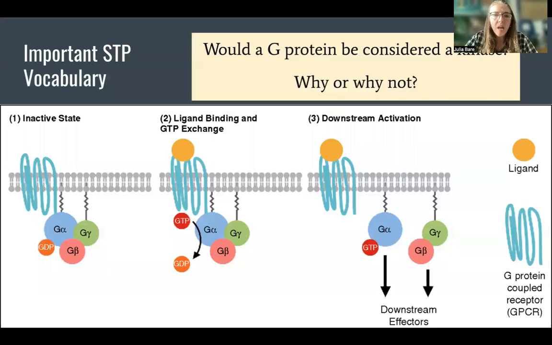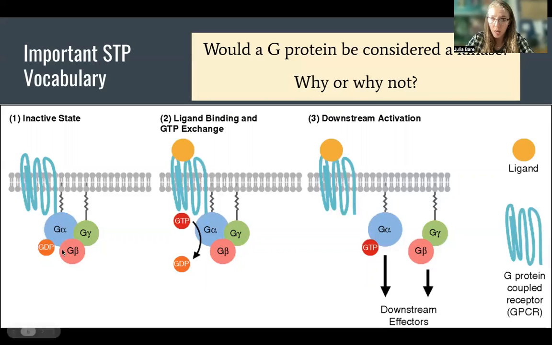So let's do an example. We have an example here using the G proteins as well as the G protein coupled receptors. And in this example, they have divided up the G protein into its component pieces. So G proteins are made of an alpha, a beta, and a gamma subunit. So that's what we're seeing in this inactive state.